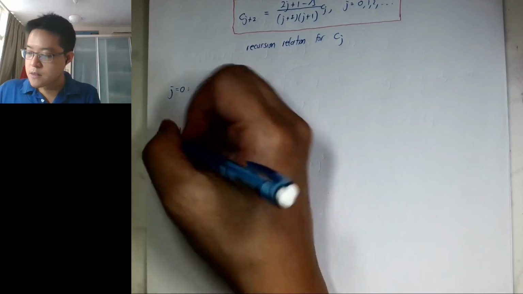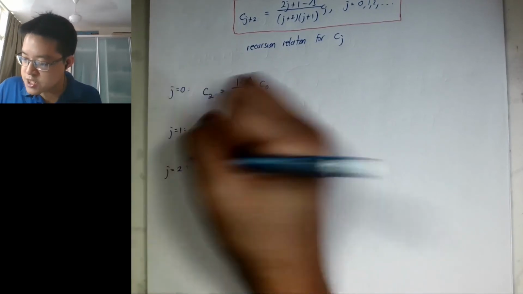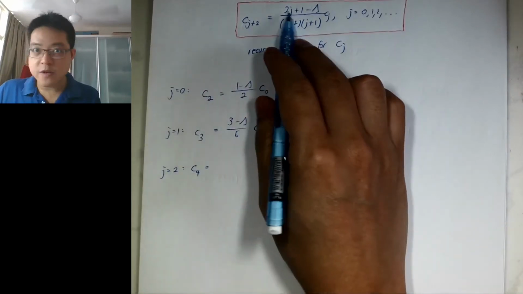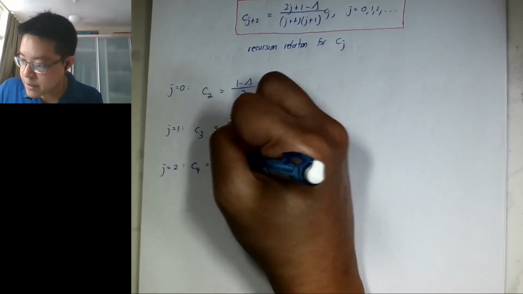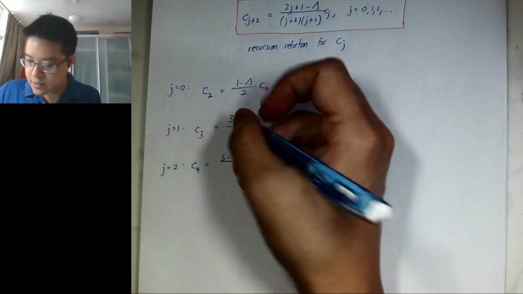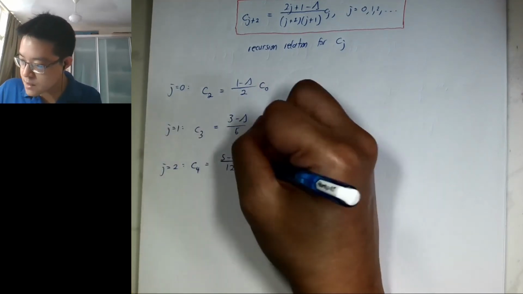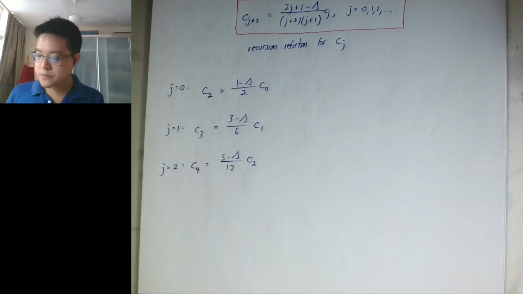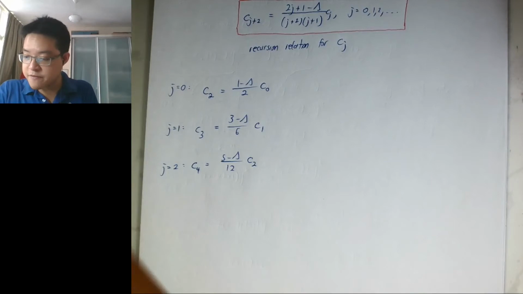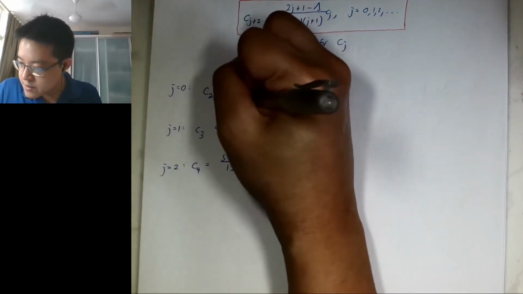Okay, so let's look at j equals 2. If I put in j equals 2, then this will give me c4. It will give me 4 plus 1, so 5 minus lambda, 4 times 3, 12, and then c2. So c4 depends on c2, but c2 itself, I can put it in here.